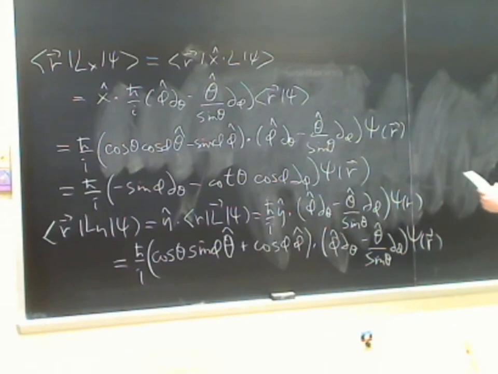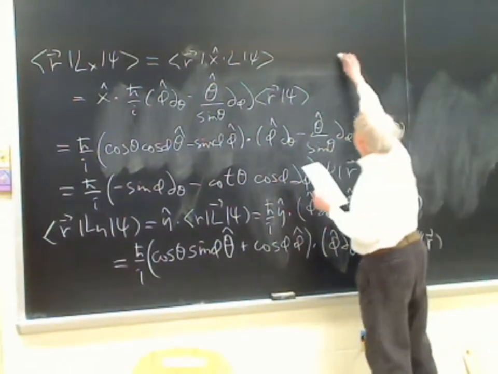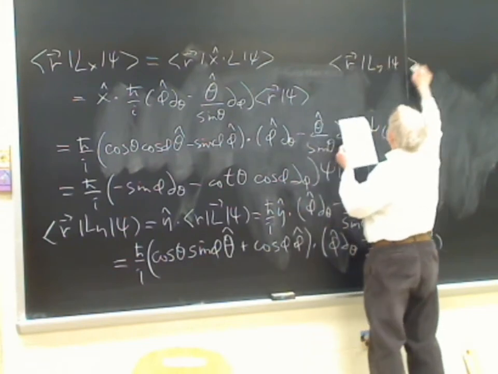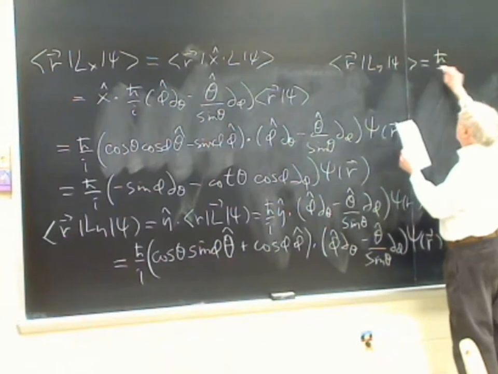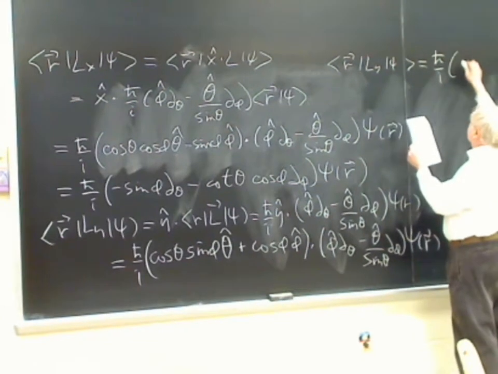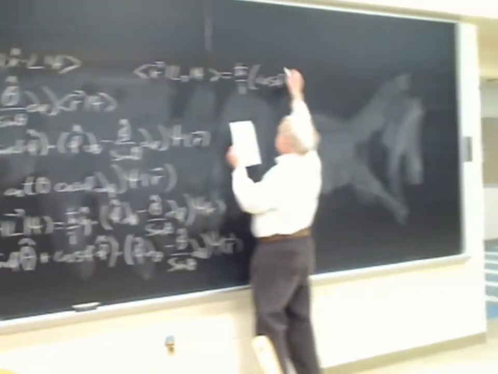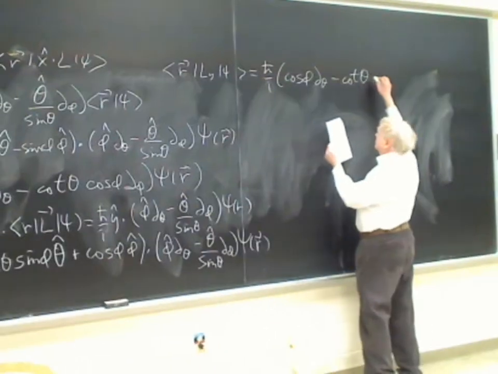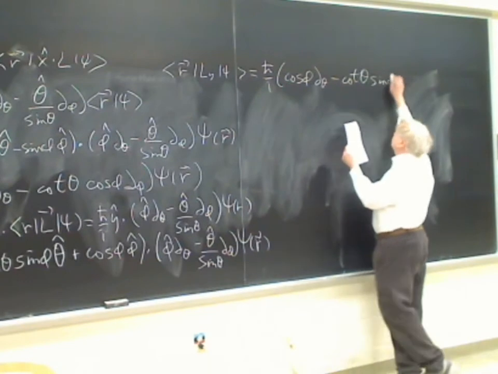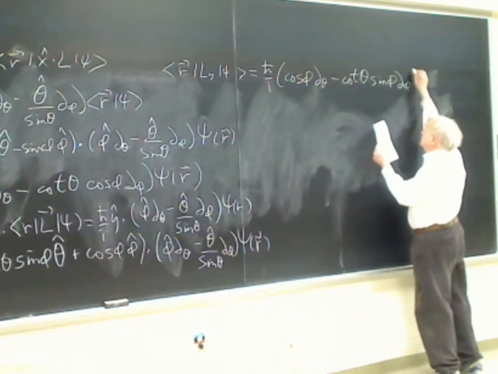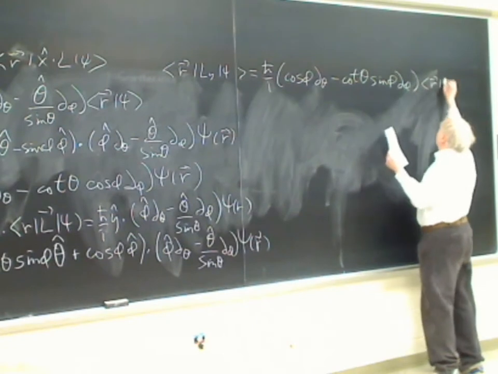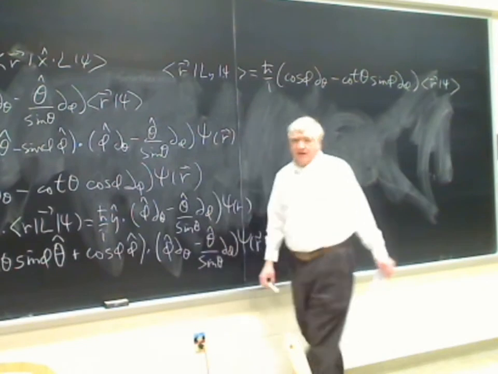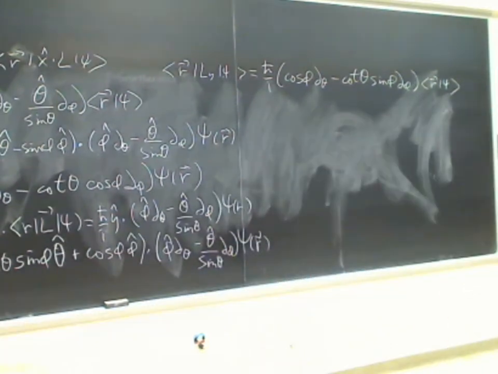And so that gives us that r Ly psi is h bar over i, cosine phi d by d theta minus cotangent theta sine phi d phi on r psi. I put back r psi because we have r psi over here. All right, so that's what Ly is.